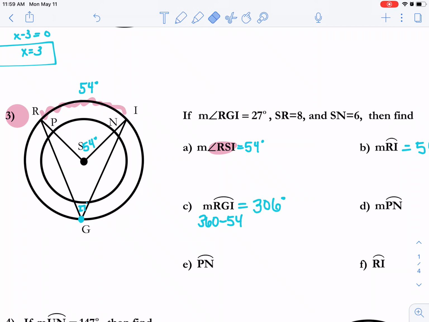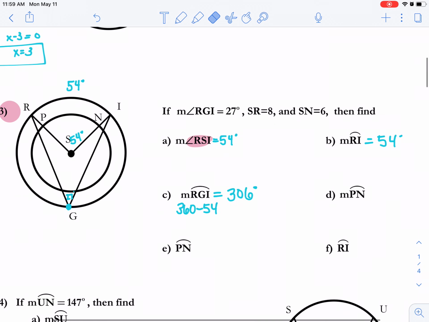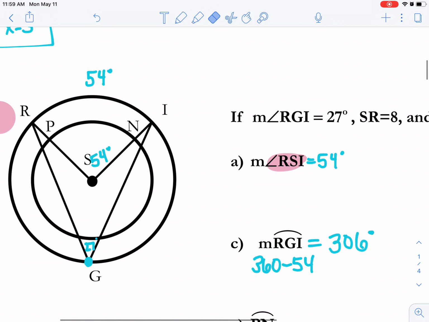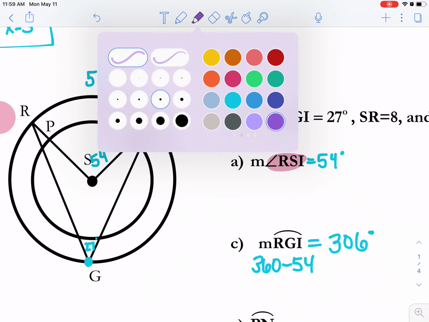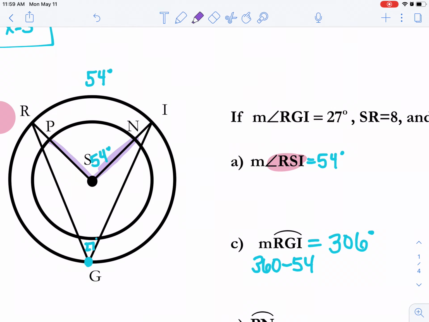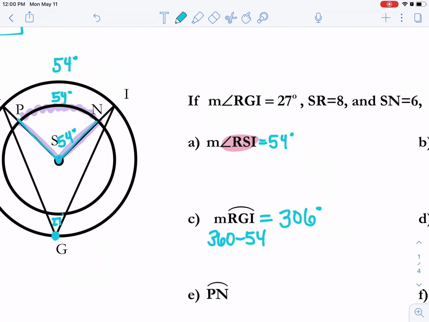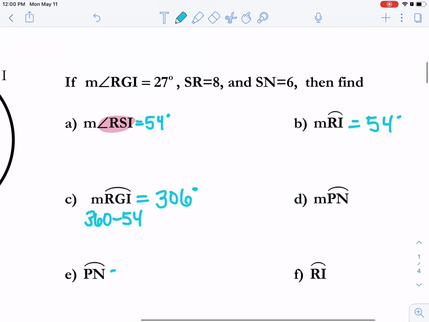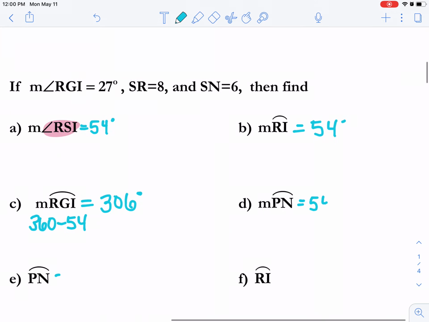How about the measure of arc PN? So PN is on this inner circle. So PN from here to here is on the inner circle, but do you guys see it still has that same central angle measure? So it should have the same rotation from P to N. We've rotated the same amount, is 54 degrees.